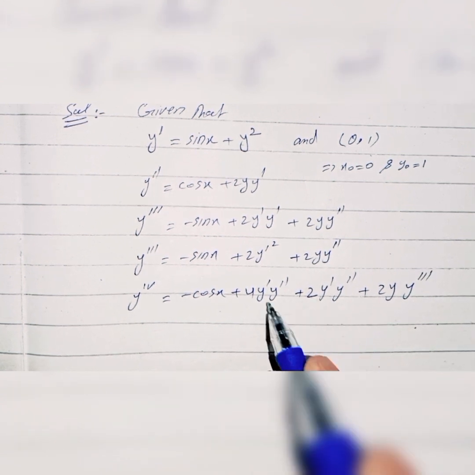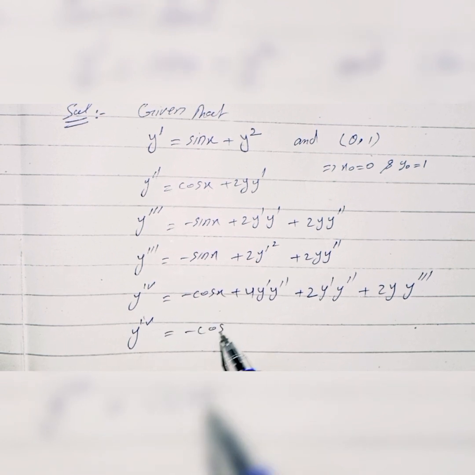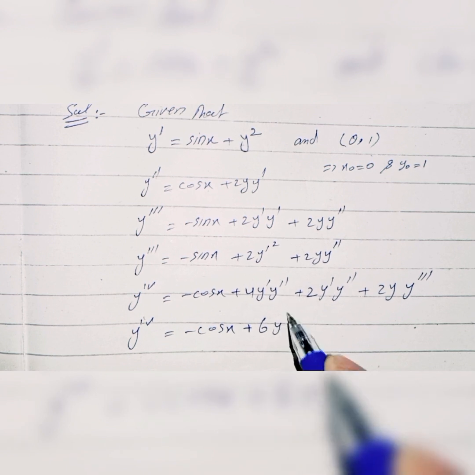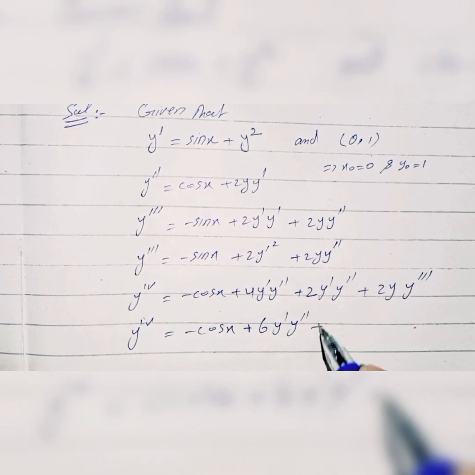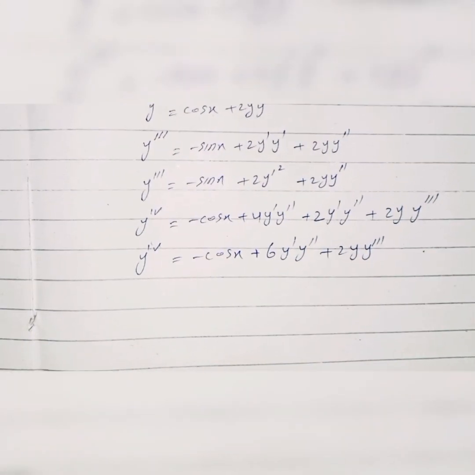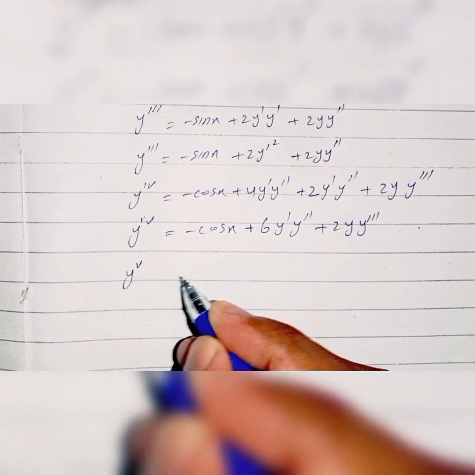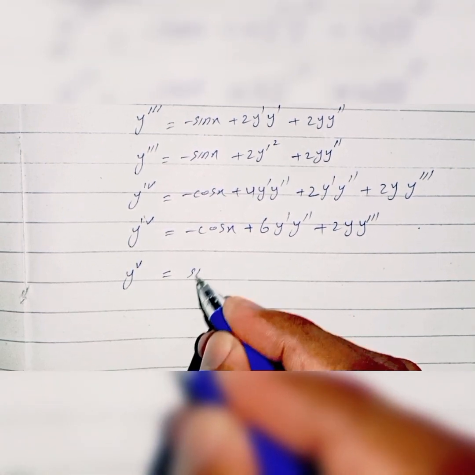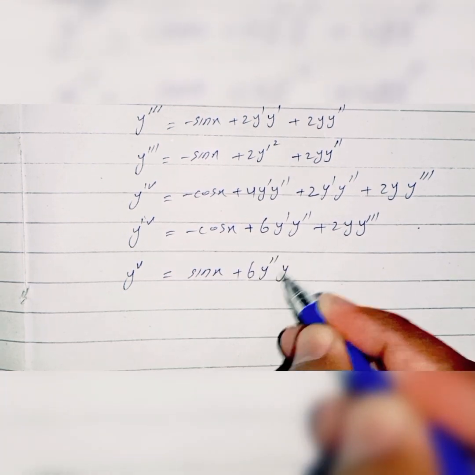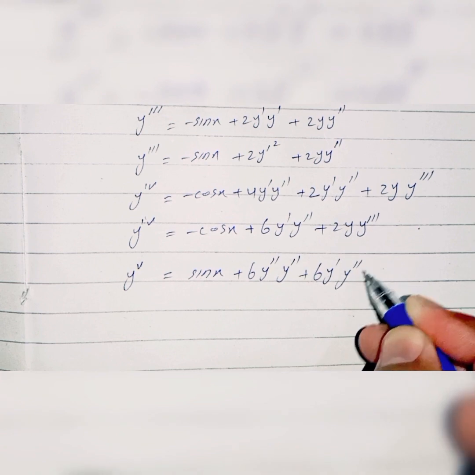Adding these same two quantities, y fourth derivative becomes minus cos x plus 6y prime y double prime plus 2y y triple prime. Now again taking derivative with respect to x, y fifth derivative will become sin x plus 6y double prime square plus 6y prime y triple prime.